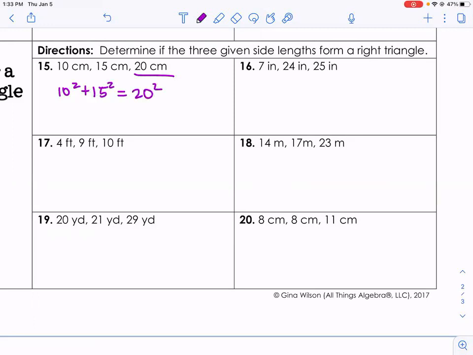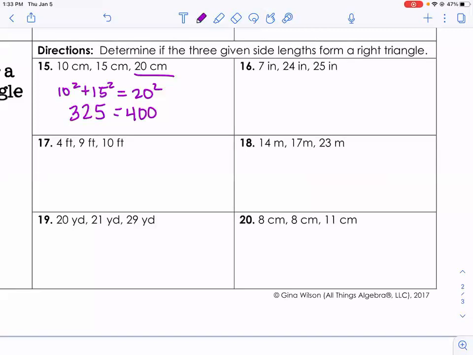Okay, well, help me out. What is 10 squared plus 15 squared? 325. But what's 20 squared?